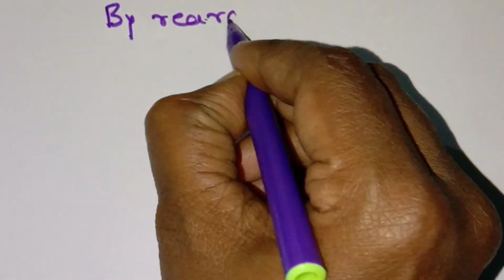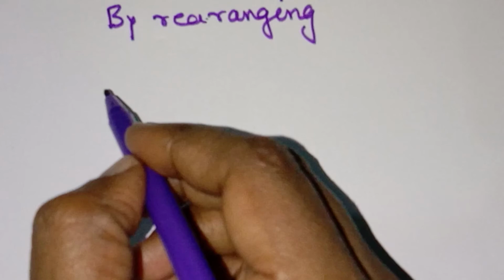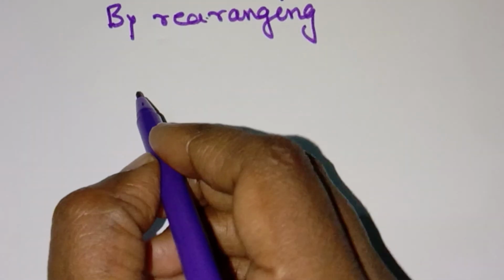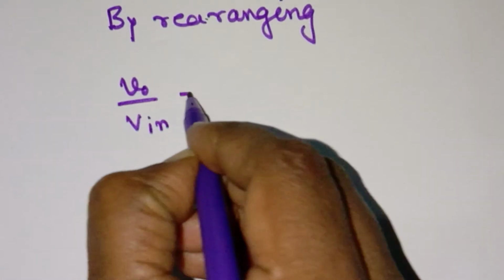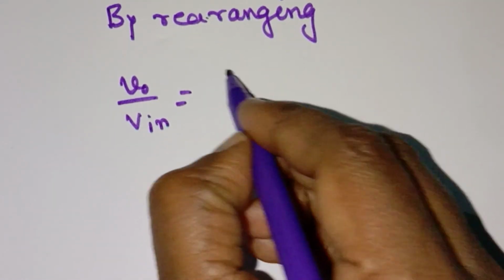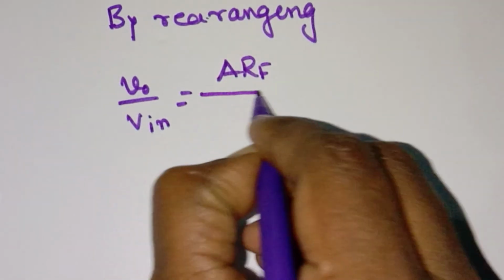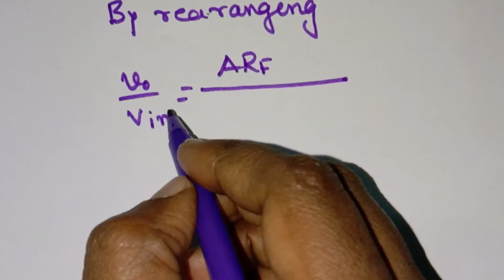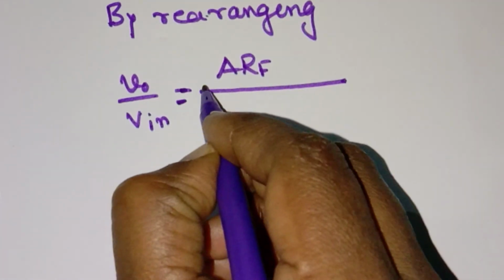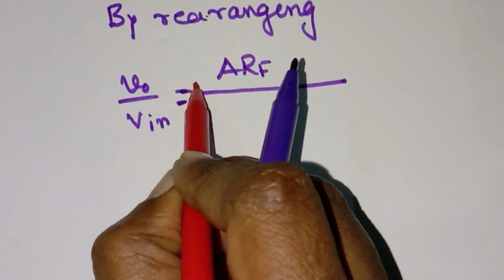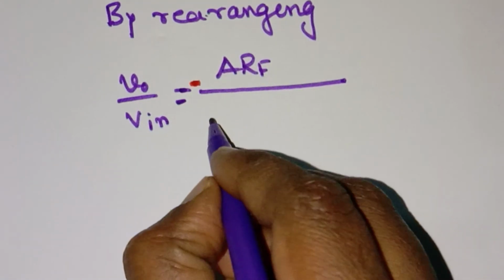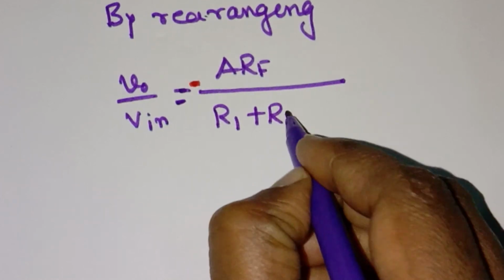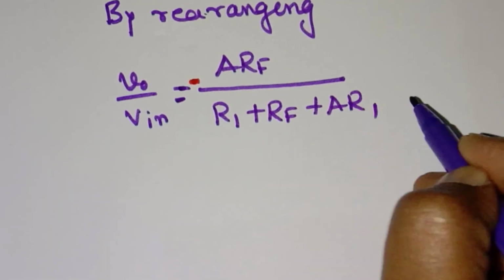By rearranging, we are able to get Vout divided by Vin is equal to A times RF, whole divided by, here you will get the minus sign, I will write it in red pen, R1 plus RF plus A times R1.